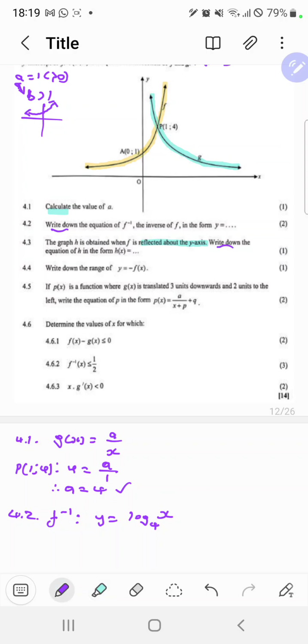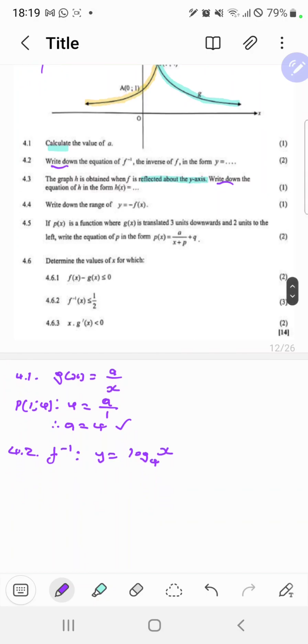So this is where you just write down. Indeed, you are at liberty now to cut the corners here. But if you're still shaky about these things, remember when you're reflecting the graph of f, so we know here, I'm going to show you how it's done, but you don't have to show, you have to just write the final answer. But if you showed, it doesn't mean you're going to get extra marks.